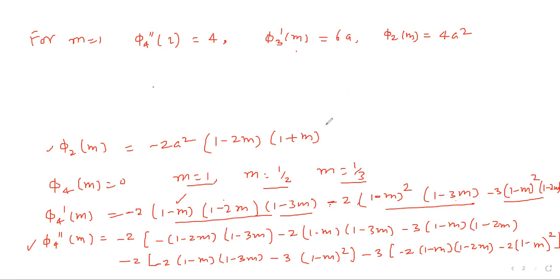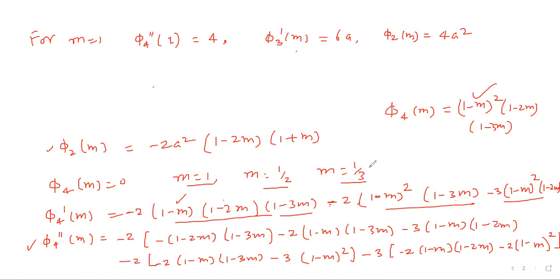Now, one thing I missed here, we had value of phi 4m as (1 minus m) whole square times (1 minus 2m) times (1 minus 3m).